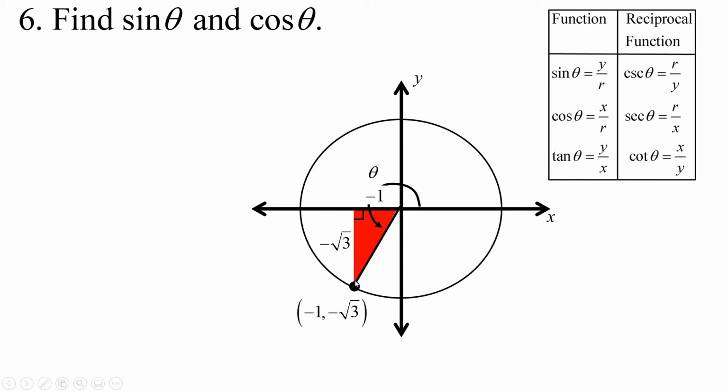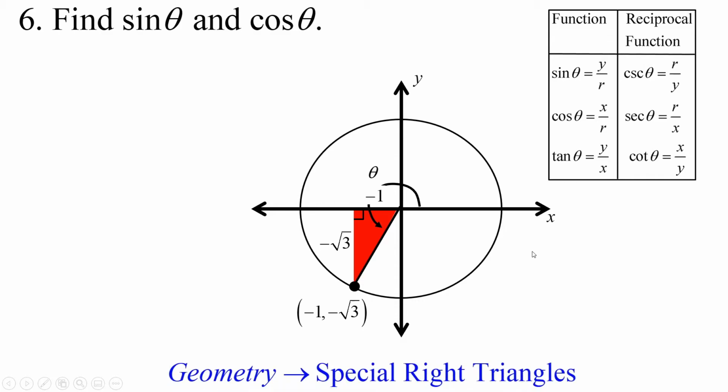And now, 1 to root 3, that sounds familiar. Guess what? It's another special right triangle. This is a 30, 60, 90 right triangle right there. And the ratios of any 30, 60, 90 right triangle would be 1 to root 3 to 2.